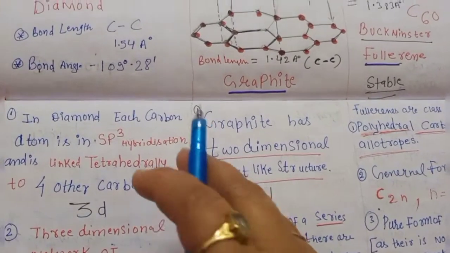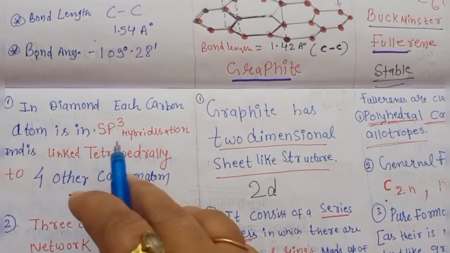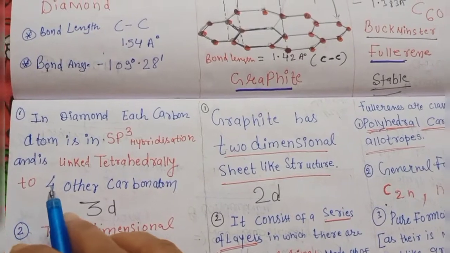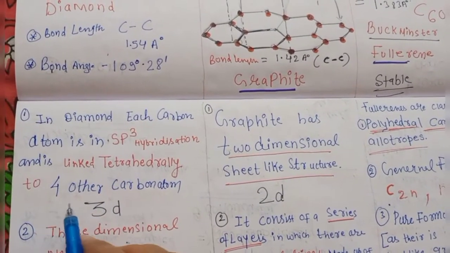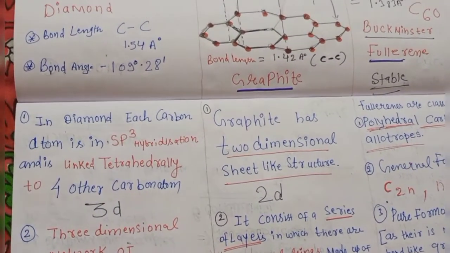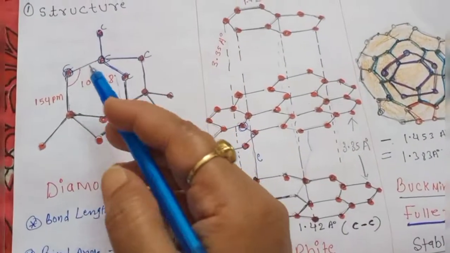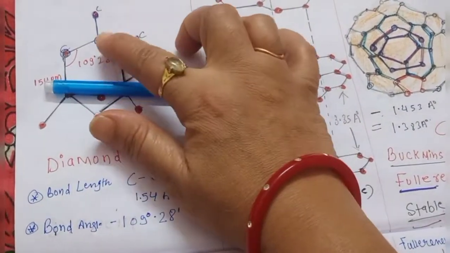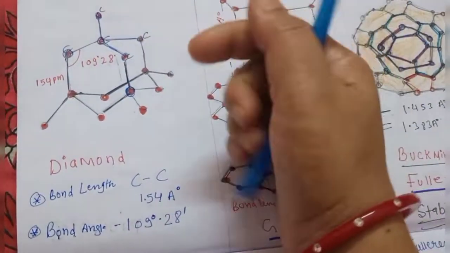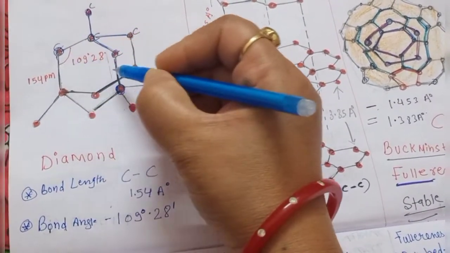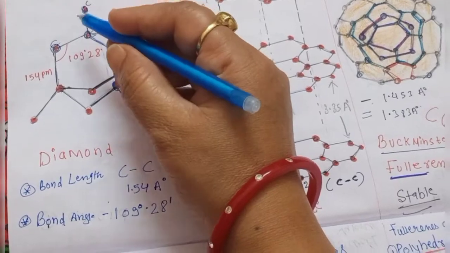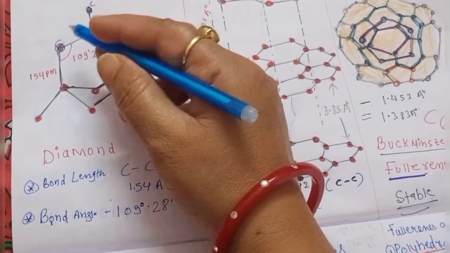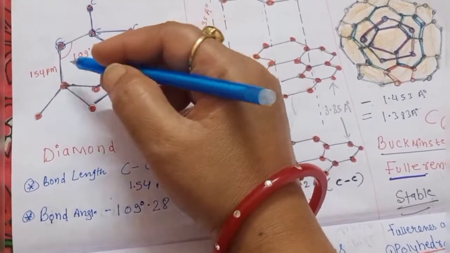In diamond, each carbon atom is in sp3 hybridization and is linked tetrahedrally to the 4 other carbon atoms. As you have studied sp3 hybridization, you can see one carbon is linked with the other 4 carbon atoms, which means this is a tetrahedral structure.